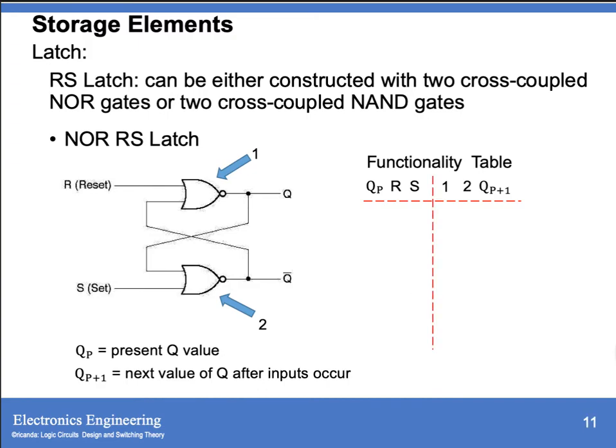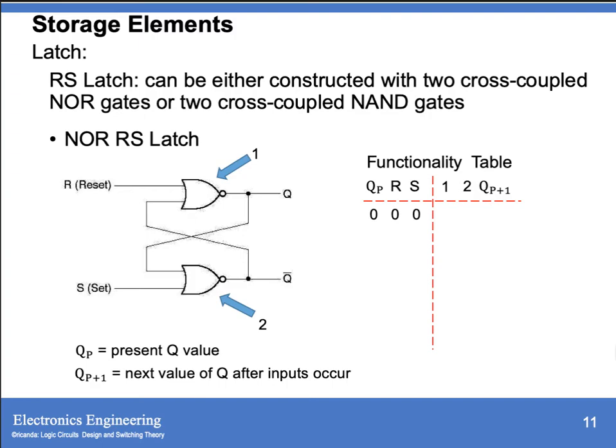For the functionality table, if our previous output is 0 and your inputs R and S are also 0, we have to determine the output of these two gates.